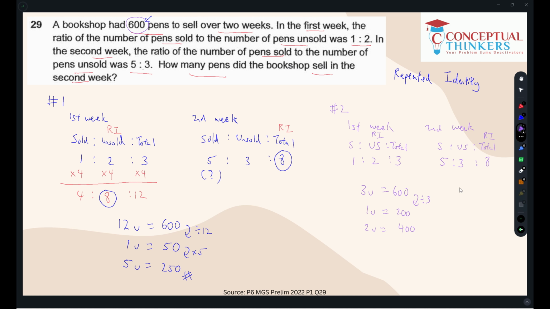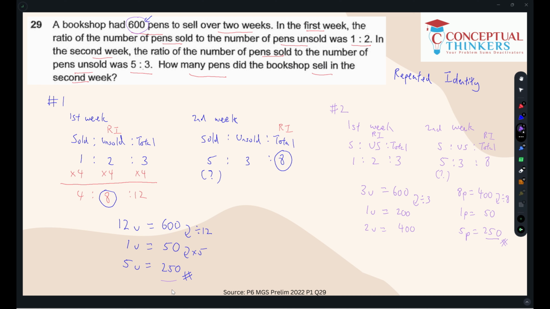So 8 parts should give me 400 because it's repeated identity, right? For 1 part, I will take 400 divided by 8. That will give me 50. Then I'm going to find my question mark here, which is 5 parts. This will give me 250. You notice that the answers match each other.